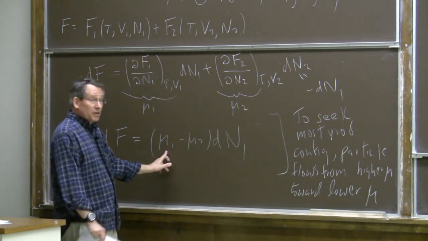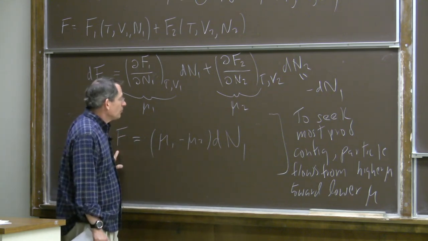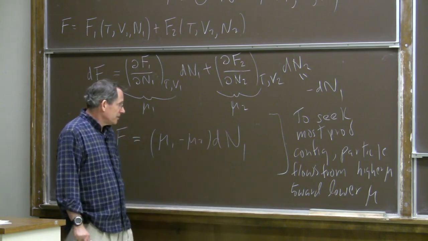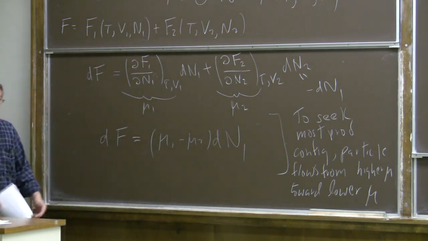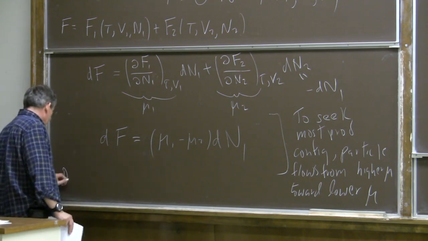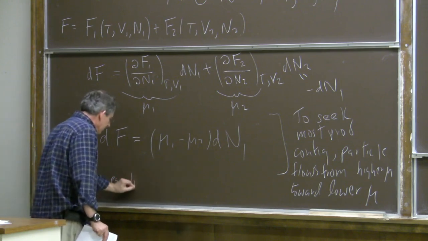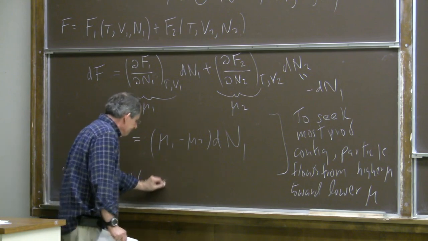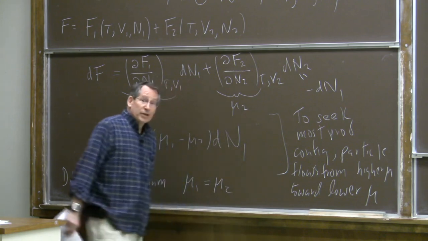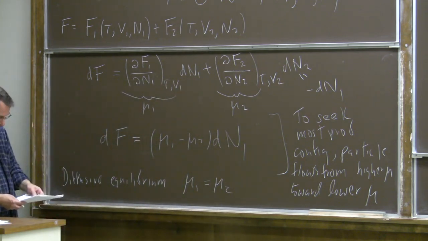So if mu1 in particular is larger than mu2, then to make the free energy lower, which means a more probable configuration, dN1 should be negative. And if mu2 is higher, then dN1 should be positive. And the flow will continue until diffusive equilibrium is established, which means the chemical potentials are equal. And there's no free energy gain to first order in having particle number flow in either direction.